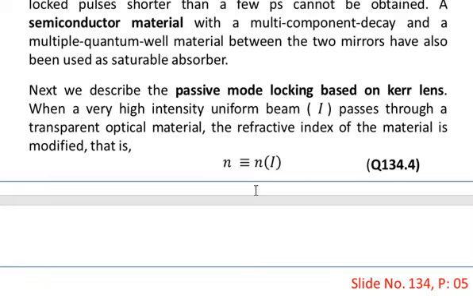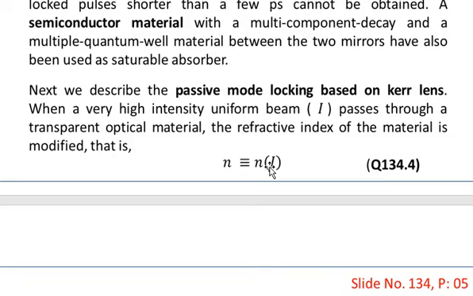You see that equation number 4 says the refractive index of the Kerr medium is a function of the intensity. Refractive index remains no more constant for the Kerr lens.